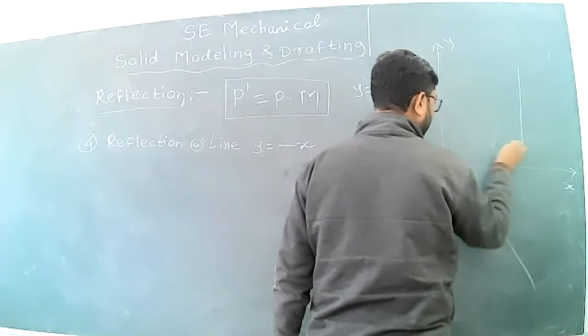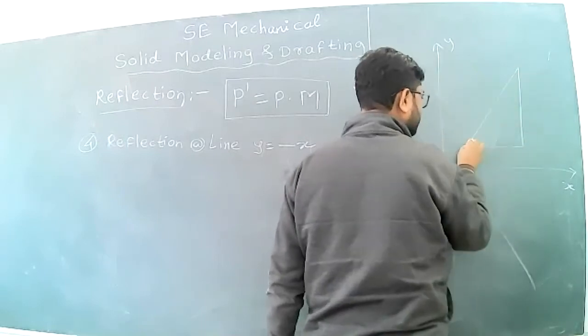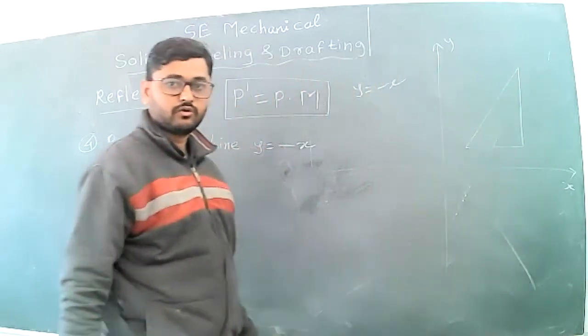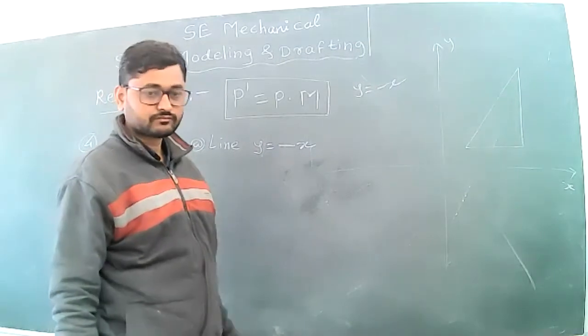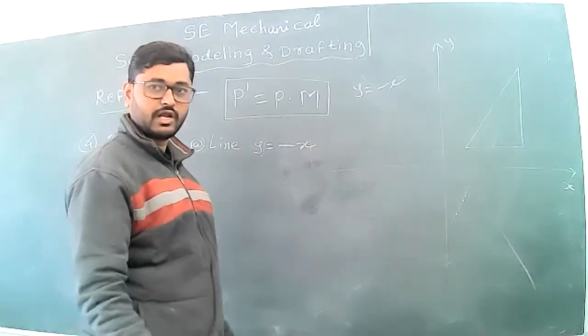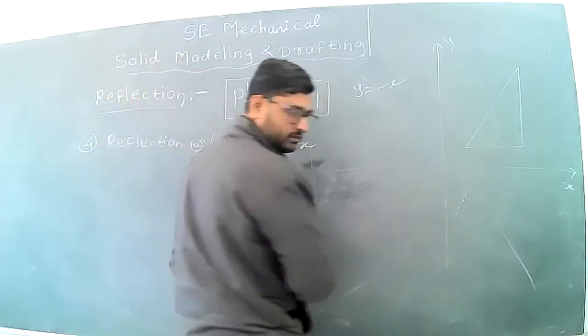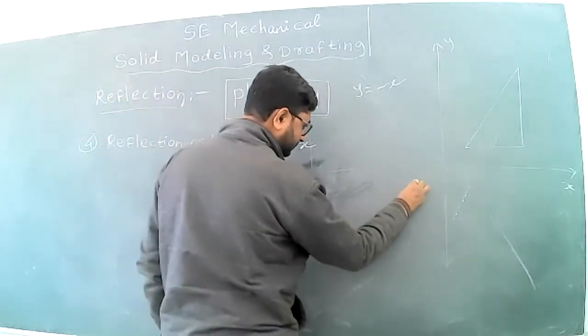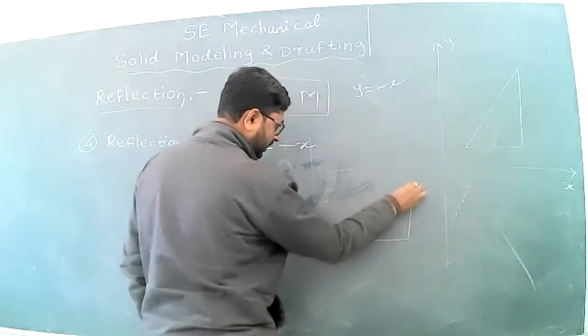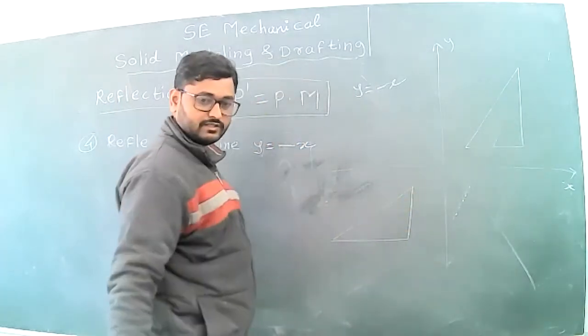I just draw a triangle. This triangle is our original triangle. We have to reflect this triangle about line y is equal to minus x. So the triangle becomes a shape like this.